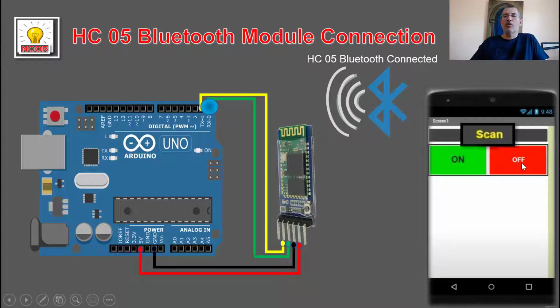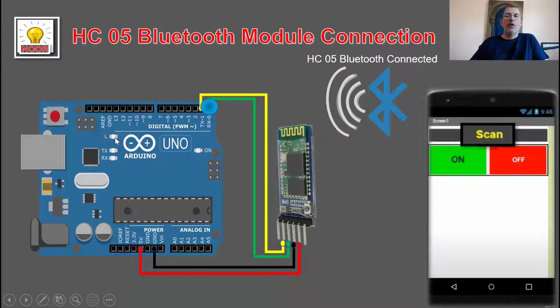Same thing, if you click off, character 0 is going to be sent through here and received here. Instead of using this LED here, you can just use this built-in LED, assigned to pin number 13.